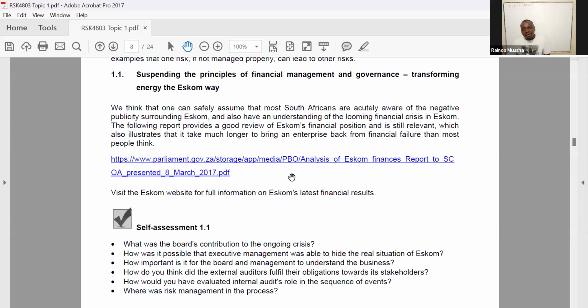Going to the exam, normally, if they are going to give you a question based on a case study, they will give you the case study. Then, based on the case study, they will ask you to answer questions. So the case studies they're giving us here for units 1.1, 1.2, 1.3, and 1.4 are being used as a way of making you start wondering and asking the question: in this case, is it a fair assessment to say risk management failed?